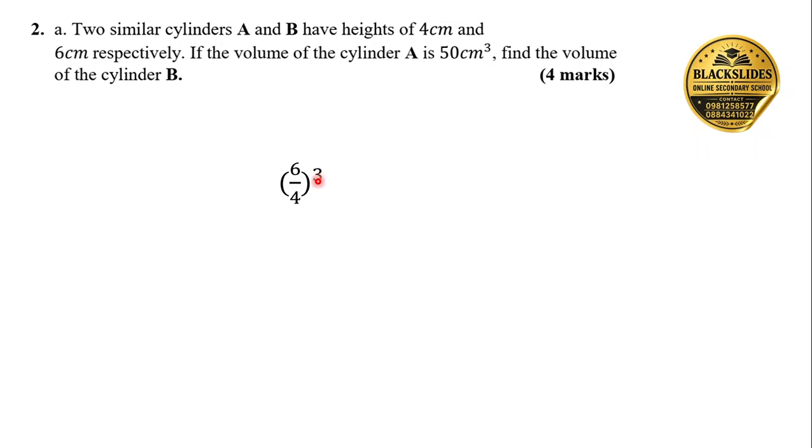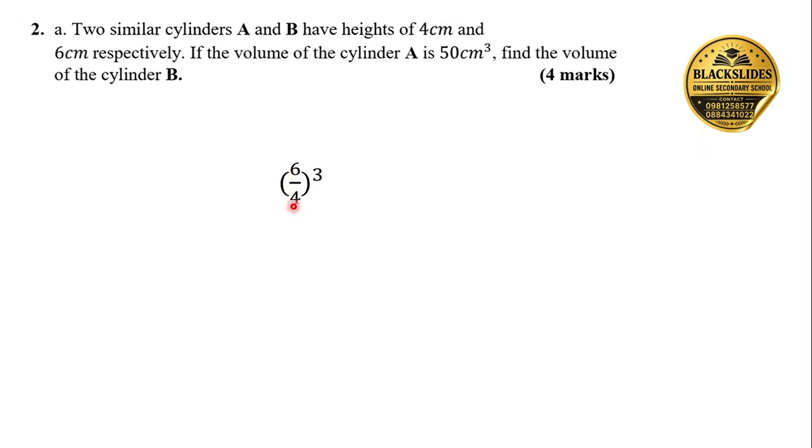If we were talking about areas, it means we would raise this to the power 2. But for volume, since volume is three-dimensional, we shall raise this to power 3.